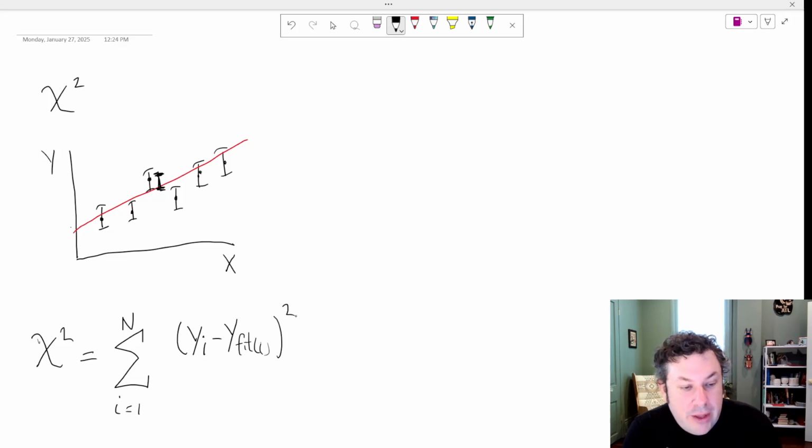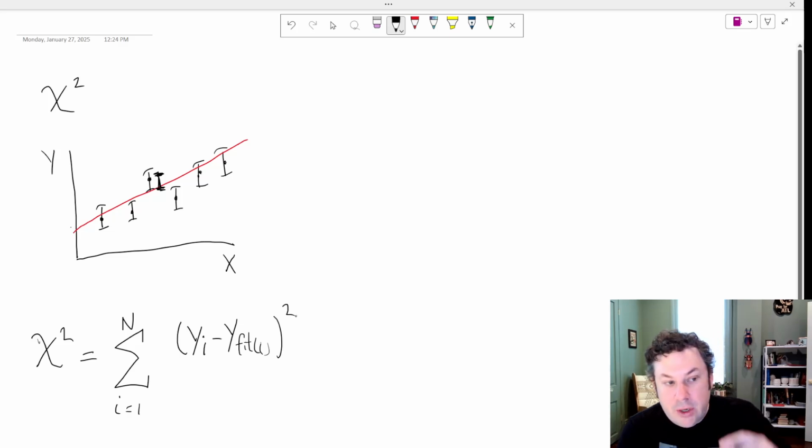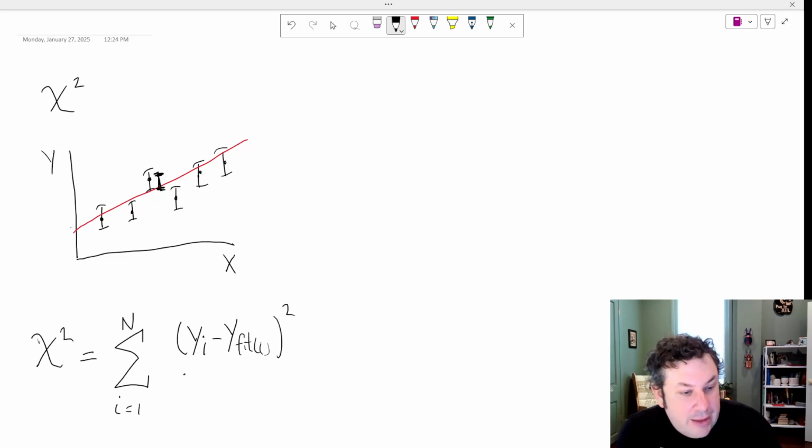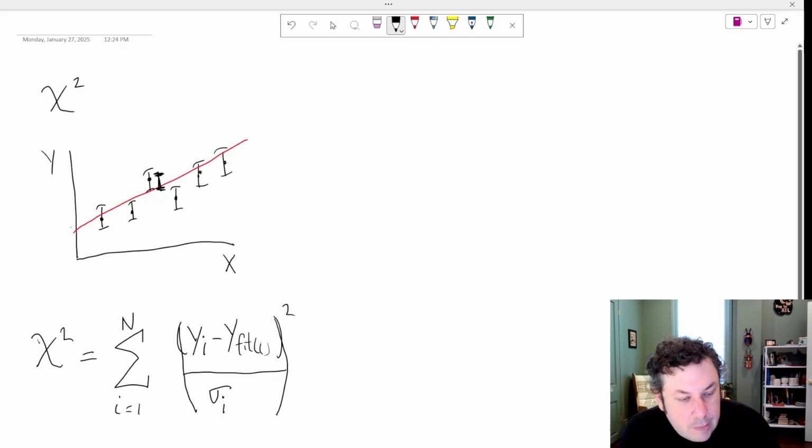And then you square the value, just like standard deviation, because you're going to get just as many points above the line as below the line. So you want to get rid of the fact that some are positive and some are negative. And then you divide this by the uncertainty on each one of those data points. Actually, apologies, the square is for the whole thing. You could have just put the square in the bottom. It doesn't really matter too much.